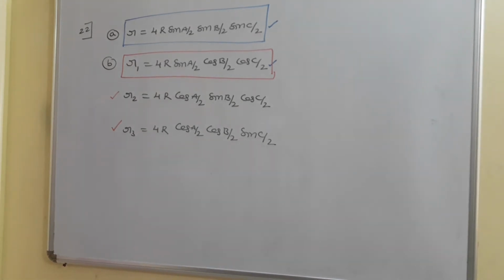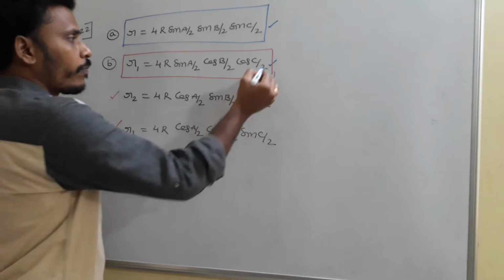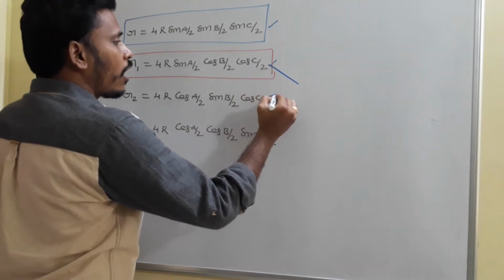Now we have four different results related to r, r1, r2, r3. Now my idea is, you just think about it. If you add this r1 and r2, what will happen?